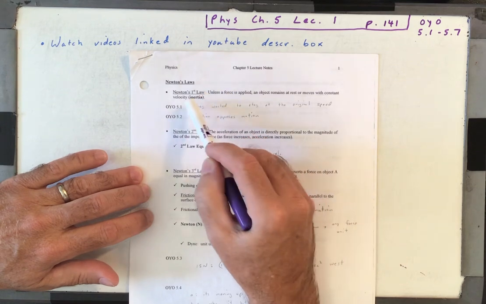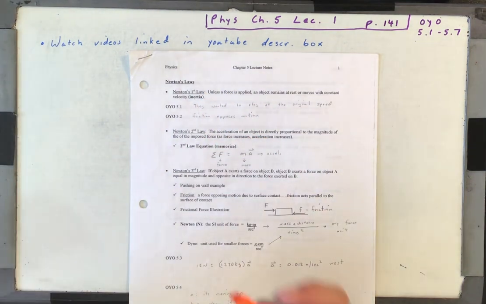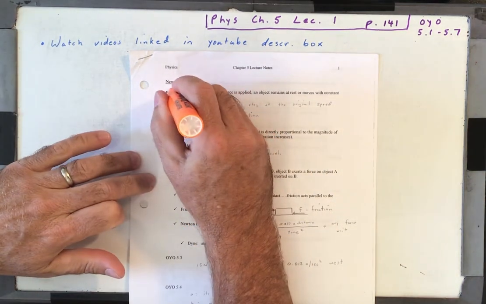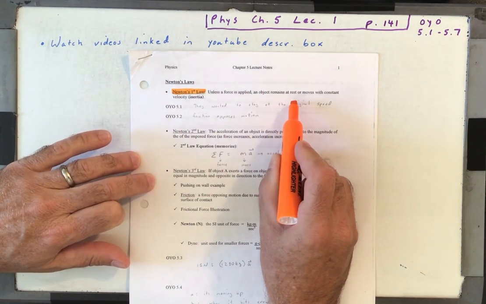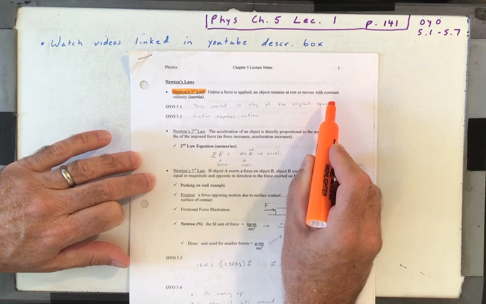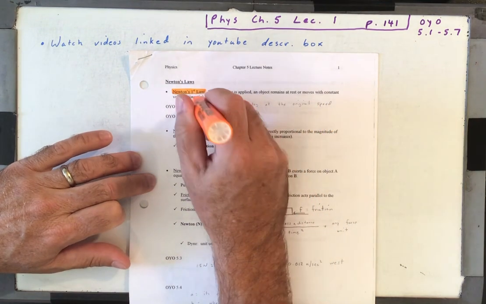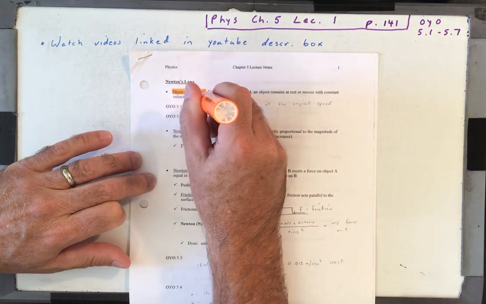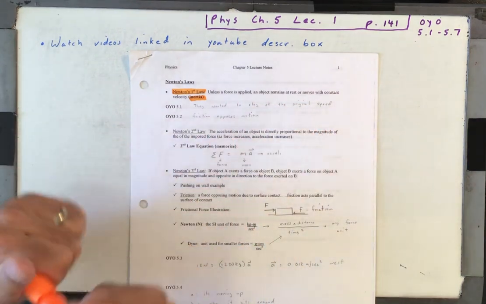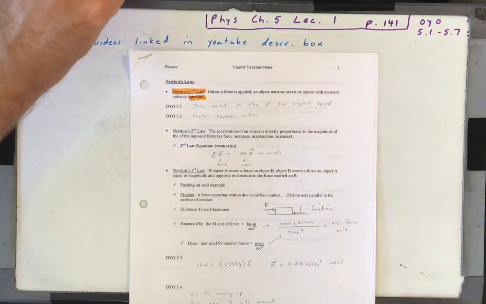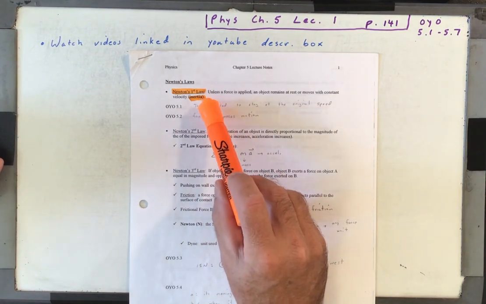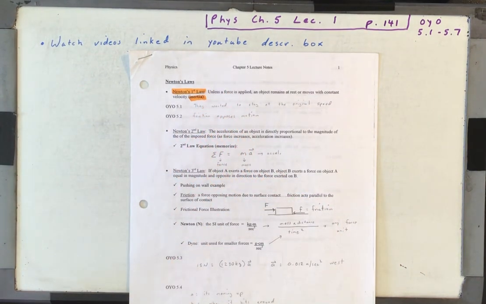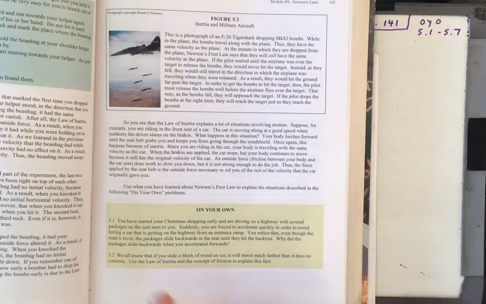So Newton's first law is: unless a force is applied, an object remains at rest or moves with constant velocity. Okay, so what we're talking about, maybe you've heard this term before, is inertia. So objects want to either stay in motion if they're in motion or remain at rest if they are not moving. So let's look at On Your Own 5.1.